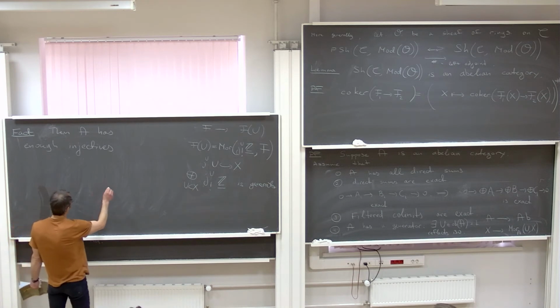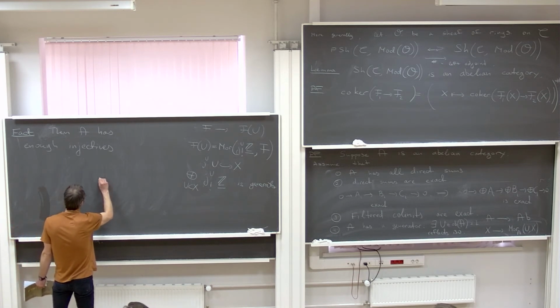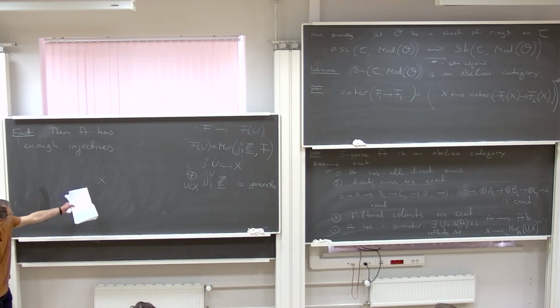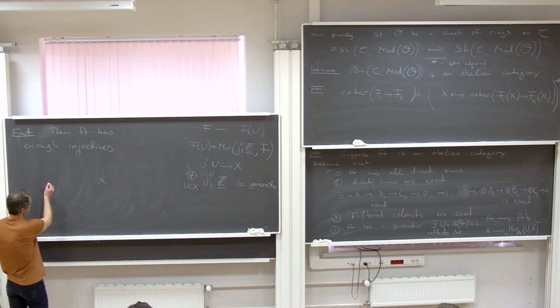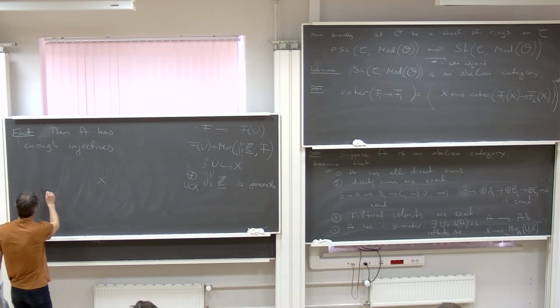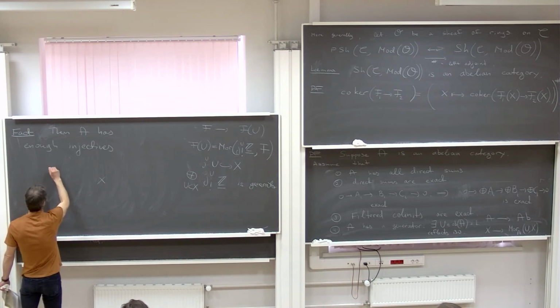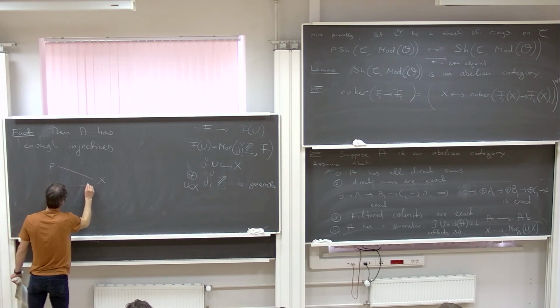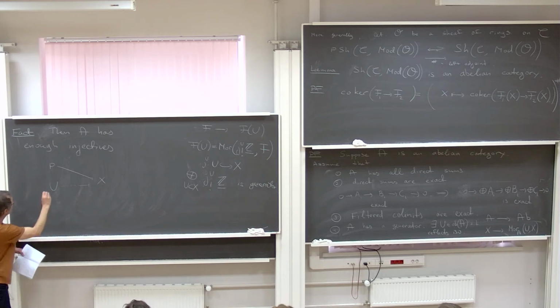If you have an object X, then in order to check that X is injective, it suffices to verify the following: that for any subobject P of U, any map from P to X extends to a map from U to X. So a priori, one has to check this.